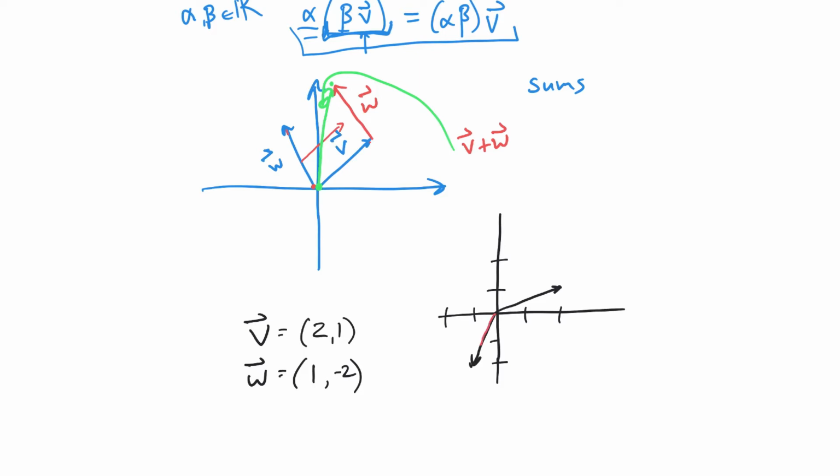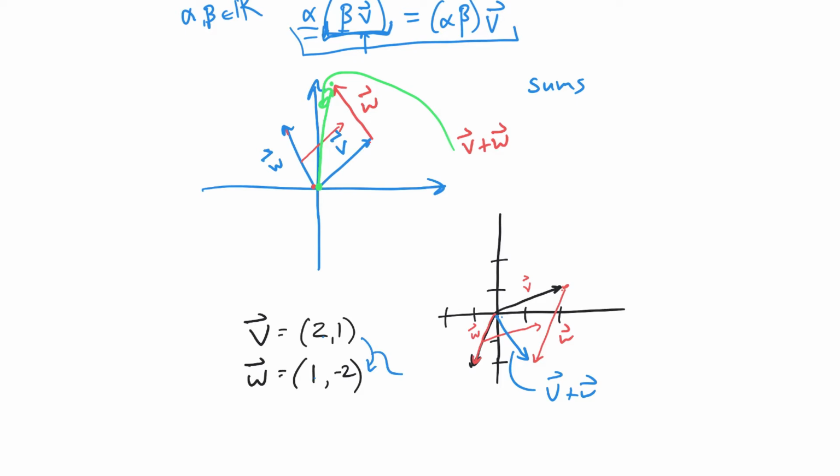Now if I take w and move it so that its tail is the head of v, that's just going to translate it this way, like so. So that's w now. And then this vector here will be the resultant. That's what I'm claiming to be v plus w. Let's actually add these up and see what happens.